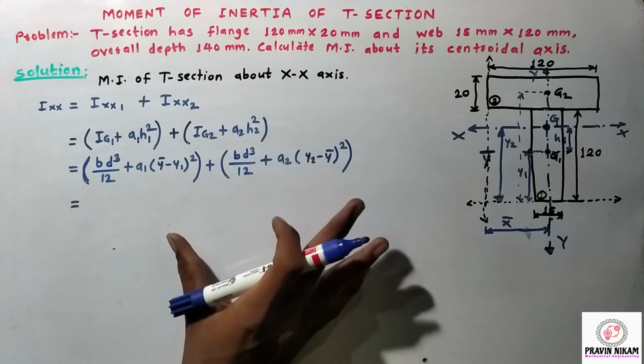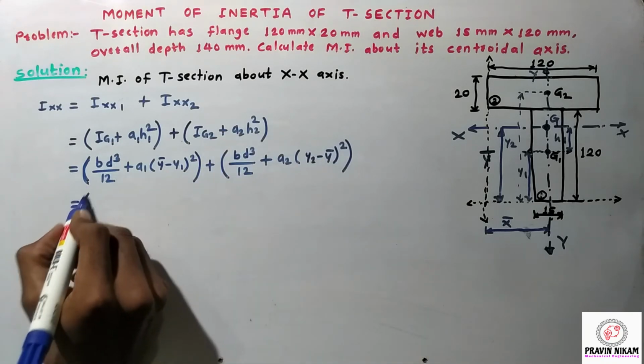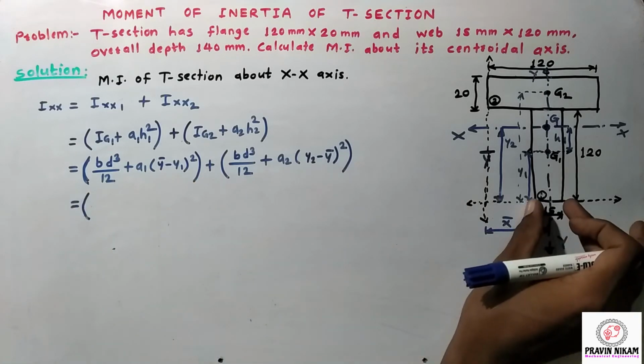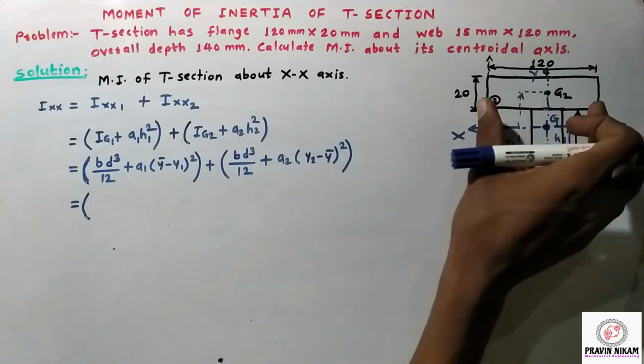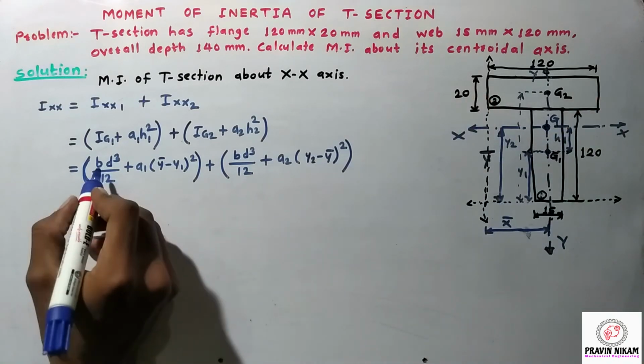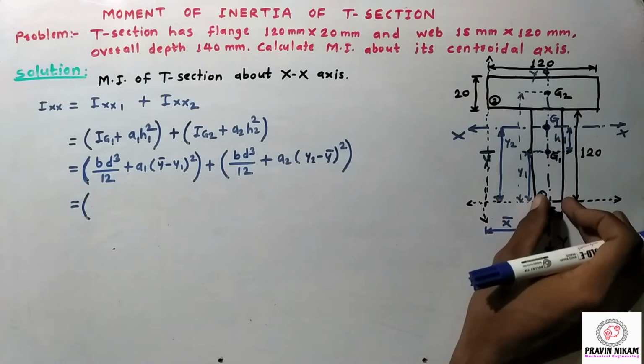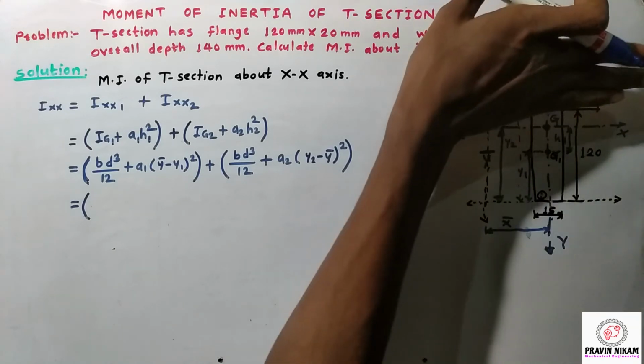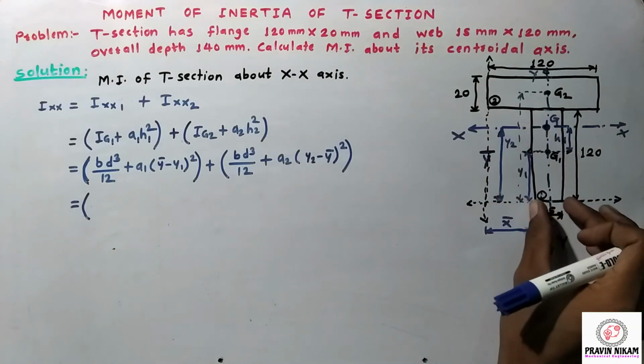This is shortcut method. Now what is for this bracket? Only consider section 1. For this bracket only consider section 2. Now what is B for section 1? Now see section 1 only. So forget this section 2. Only see section 1.